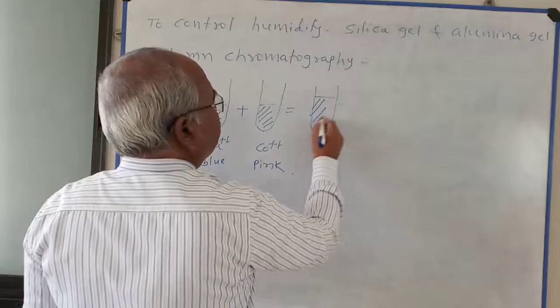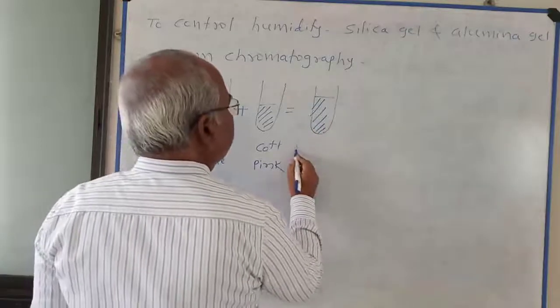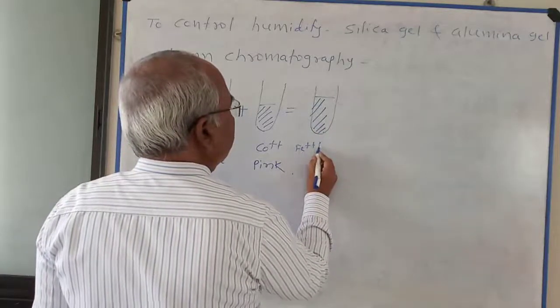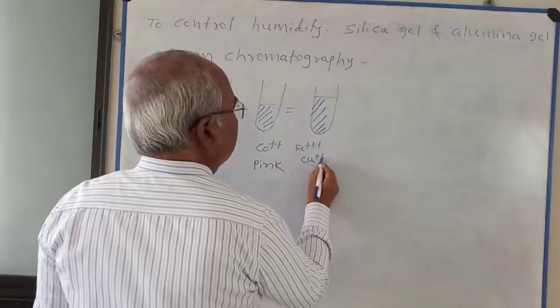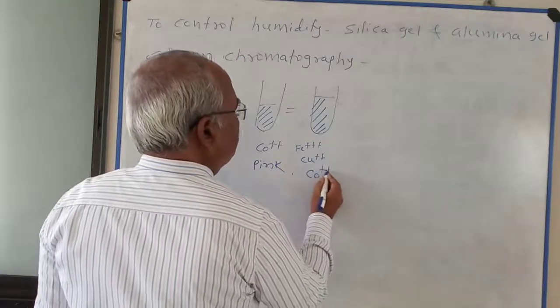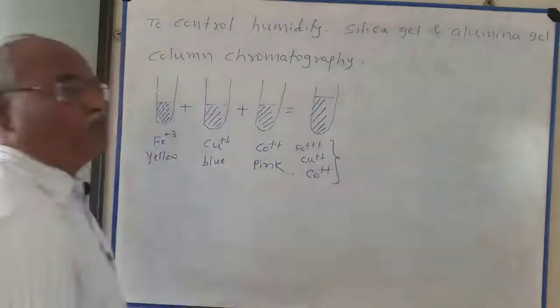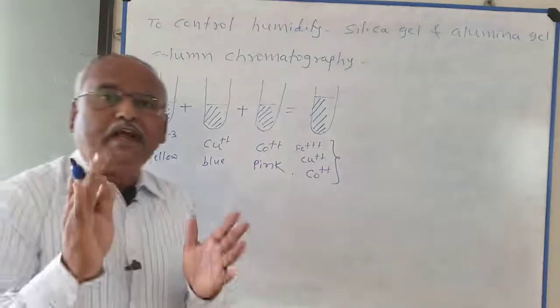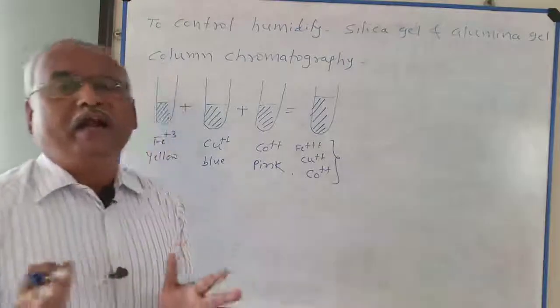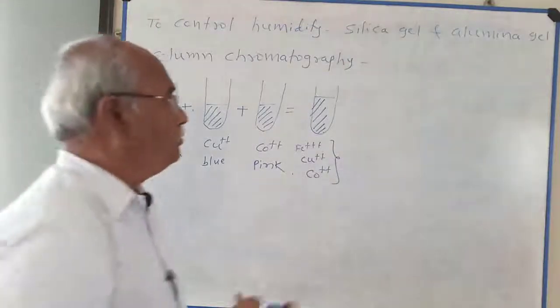I represent it like this, which contains Fe+3, Cu+2 and Co+2. These different constituents of the mixture can be separated by adsorption technique.